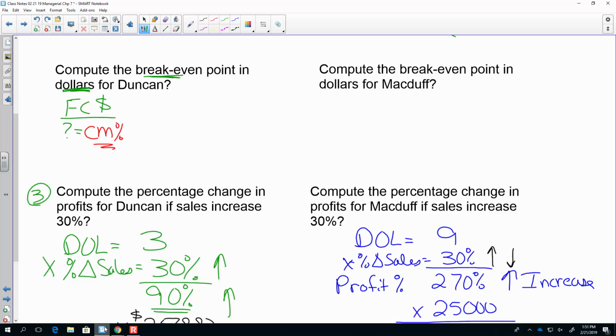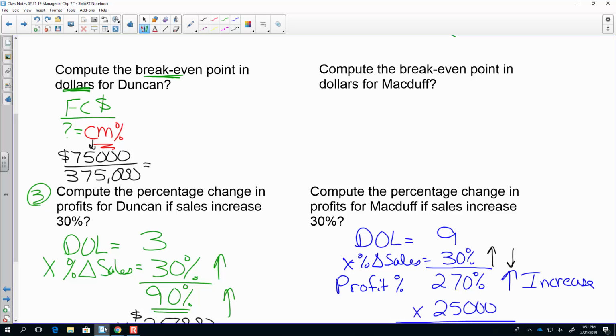So for Duncan, the total margin over total dollars of sales is 75,000 over the sales amount of 375,000.